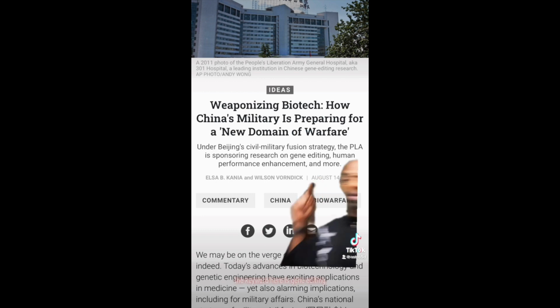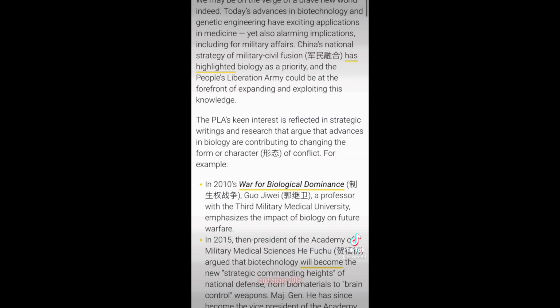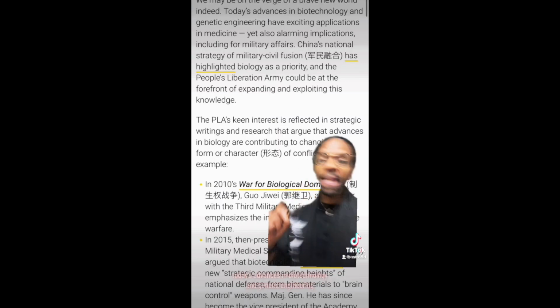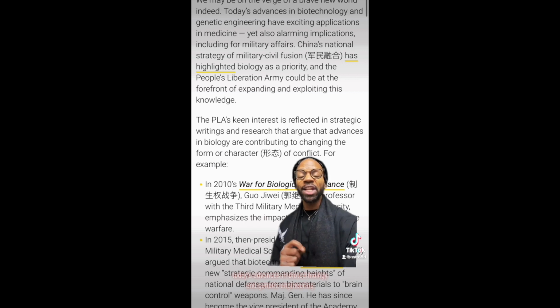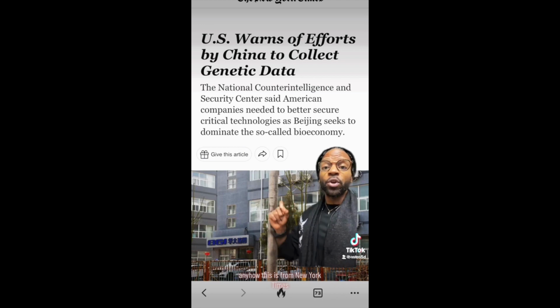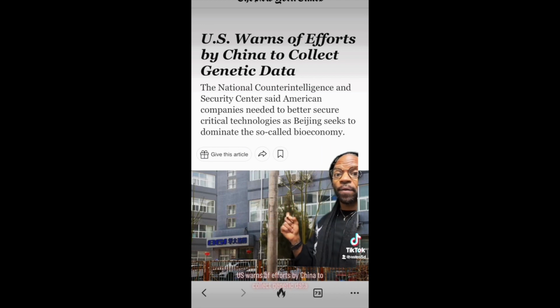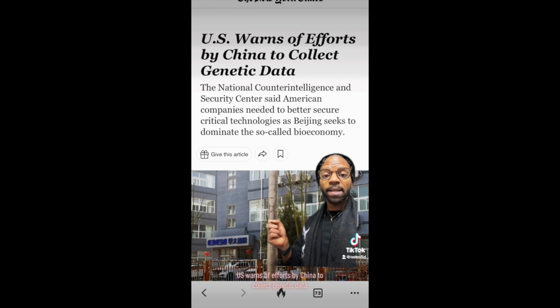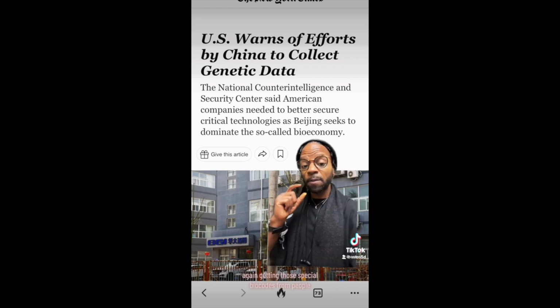The key word here is gene editing. And again, in 2019, today's advances in biotechnology and genetic engineering have exciting applications in medicine. That was done before. So is it a coincidence? Anywho, this is from New York Times. U.S. warns of efforts by China to collect genetic data. Again, getting those special biocodes from people.